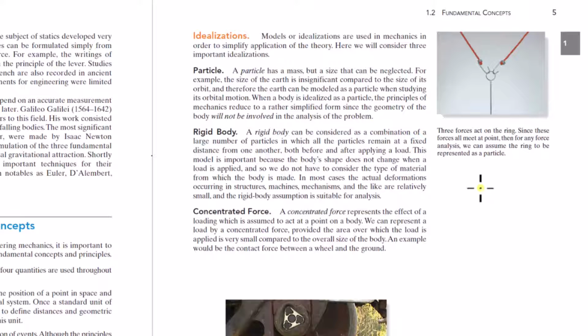So the particle assumption, you have a point, and you're saying that all of the mass of the body is concentrated at that point. So it still has a weight, right? This particle, this point has a weight, and then forces can act at that point as well. You can still have forces, known and unknown forces, and you can solve for those unknown forces.